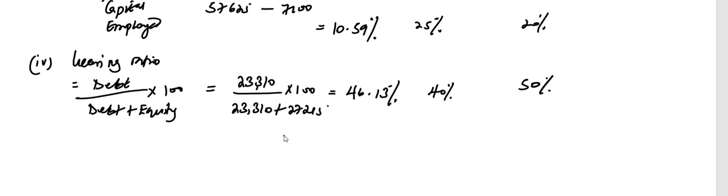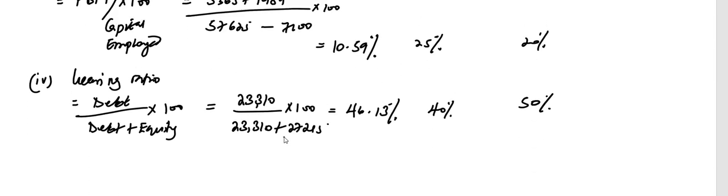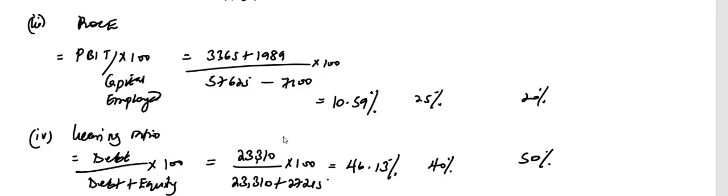When you look at the return on capital employed, 10.59, 25%, 20%. This is lower. Very, very low. So the group's return on capital employed of 10.6 or 10.59 is significantly lower than its peers, that is the similar sized at 25% and the industry average at 20%.